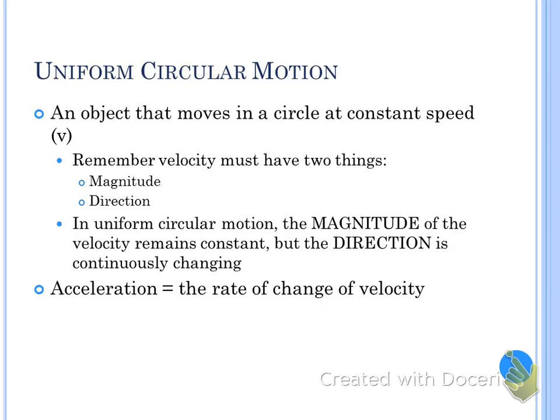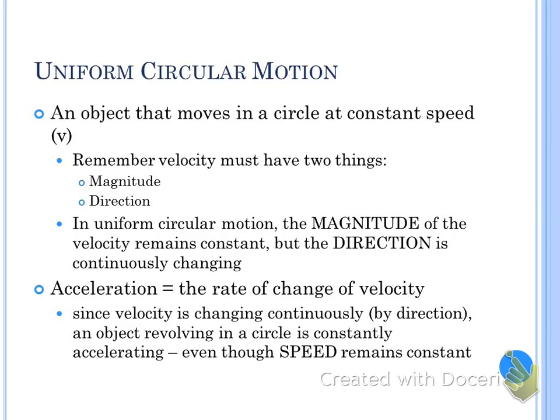Since we know acceleration is the rate of change of our velocity, we do have an acceleration. Our velocity is continuously changing, although its magnitude or its speed stays constant. We still have an acceleration.